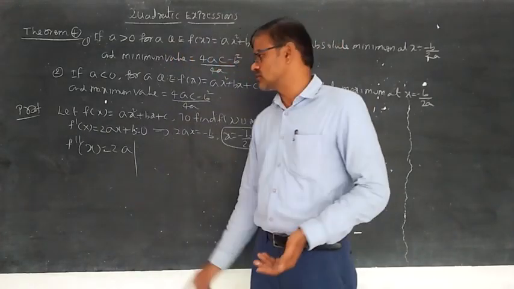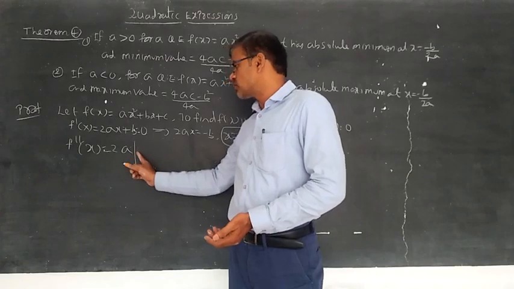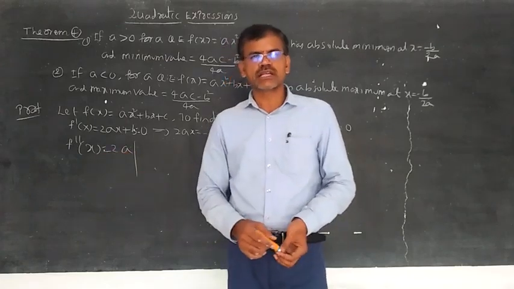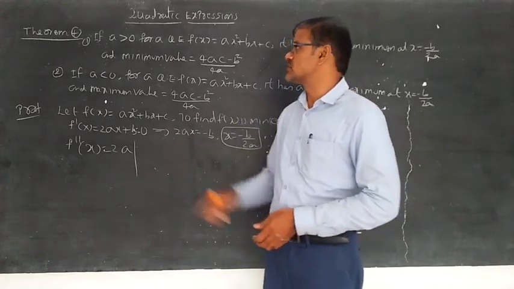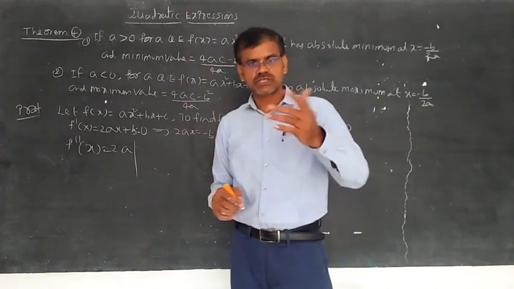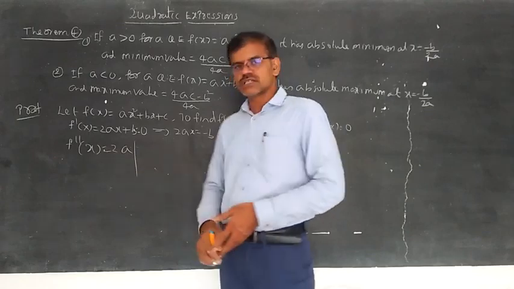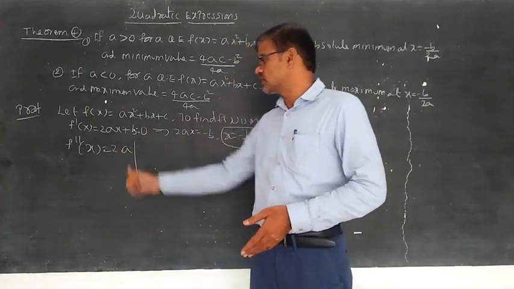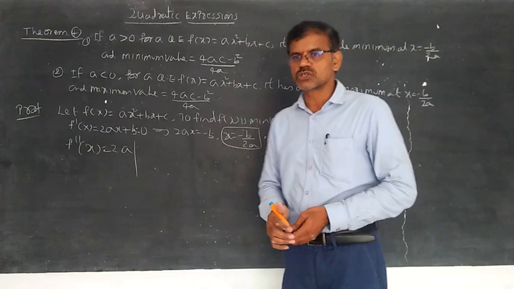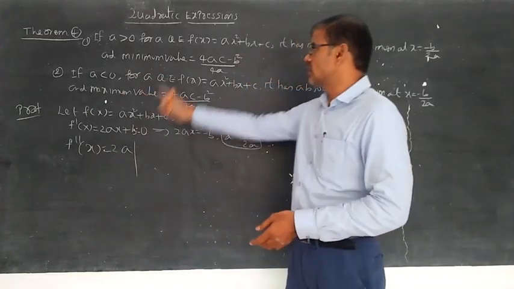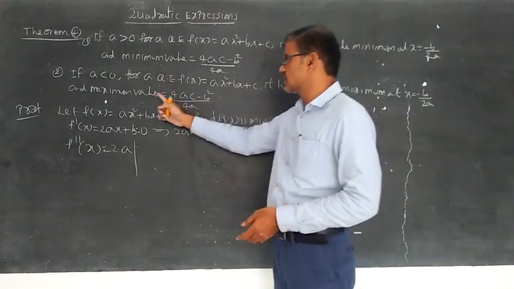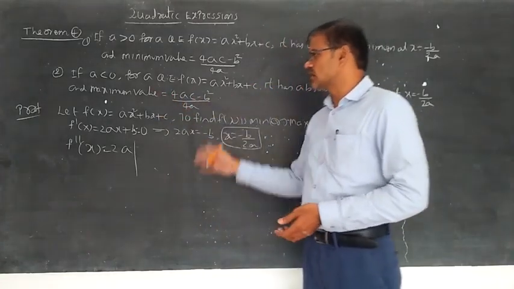If a is positive, 2a is greater than 0, and whenever f double dash x is greater than 0, the function is minimum. We know that from first year concepts. If a is less than 0, then 2a is negative, less than 0, and whenever f double dash x is less than 0, the function is maximum.